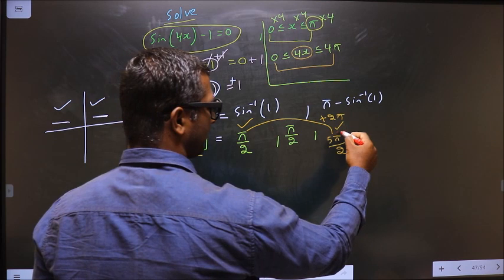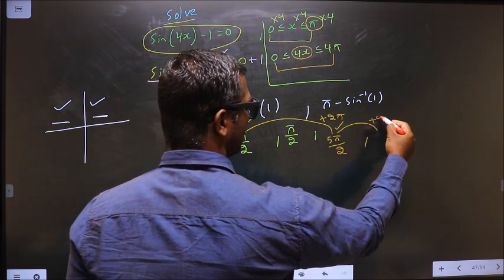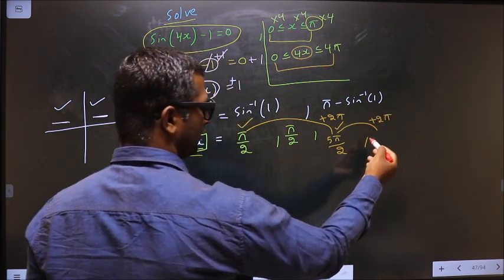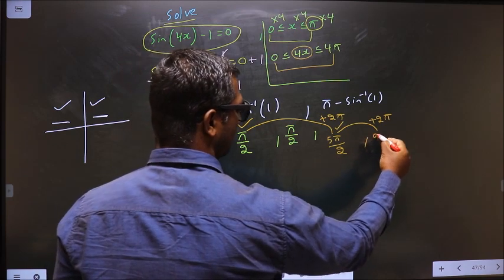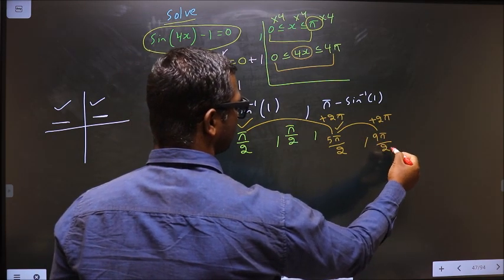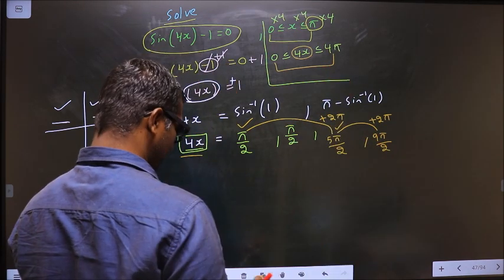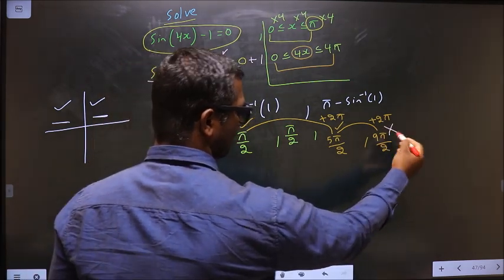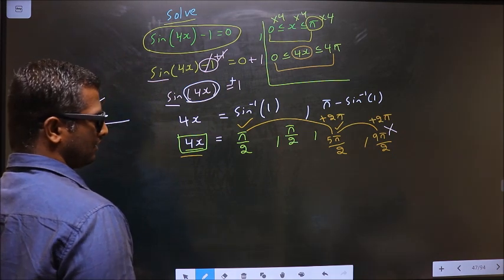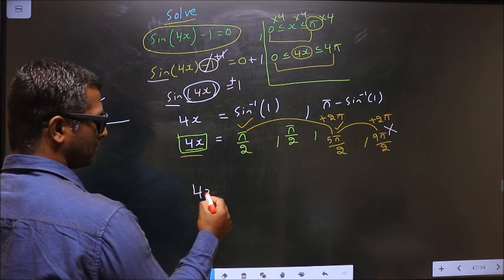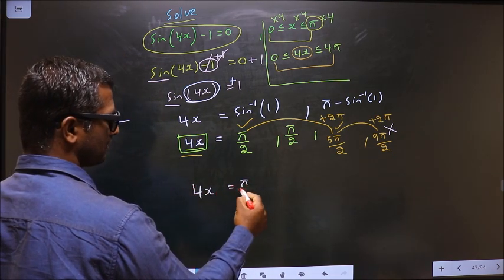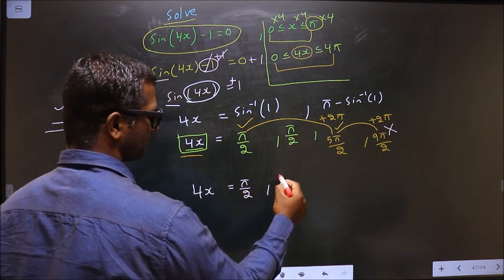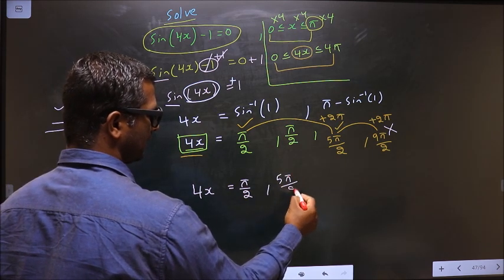Now to get another value, add 2 pi to this. When you add 2 pi, you get 9 pi by 2. Does this lie in this interval? No. So this you reject it. So the values we got for 4x are pi by 2, 5 pi by 2.